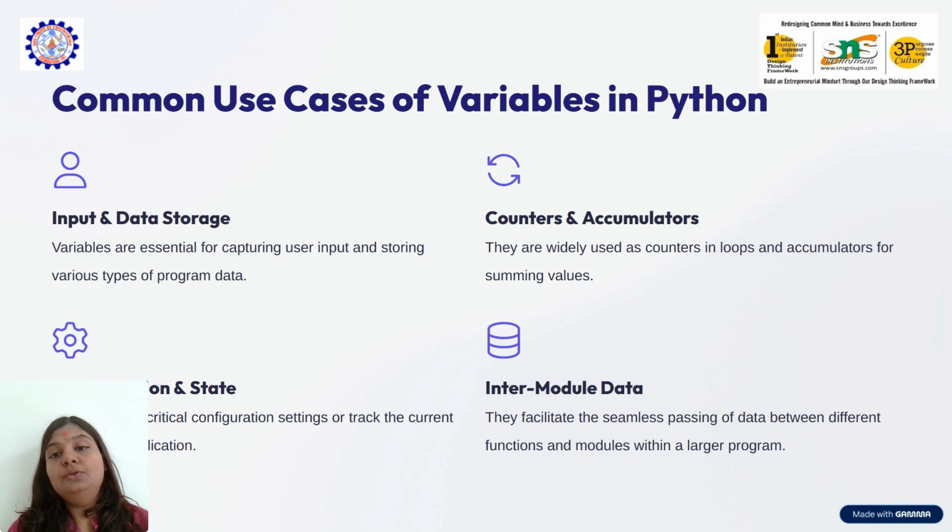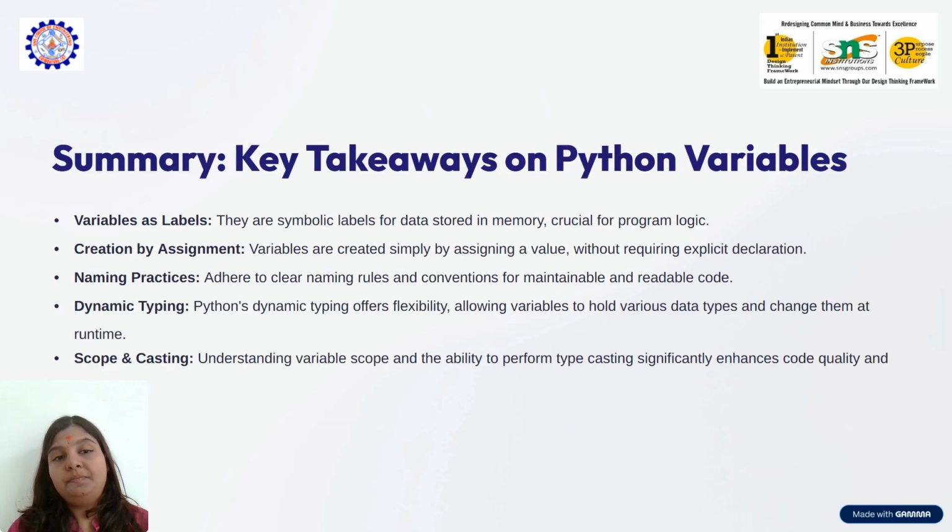Counters and accumulators are widely used as counters in loops and accumulators for summing values. Configuration and state variables hold critical configuration settings or track the current state of an application. Intermodule data facilitates the seamless passing of data between different functions and modules within a larger program.